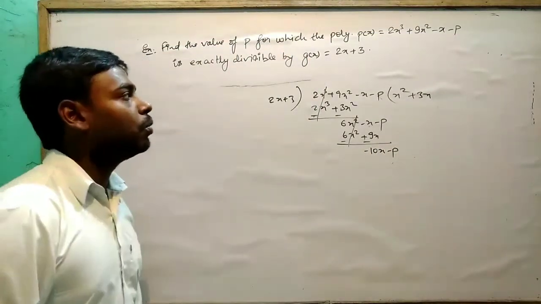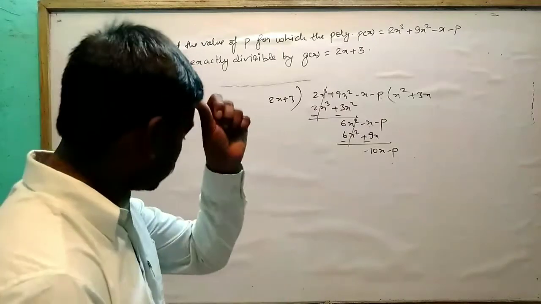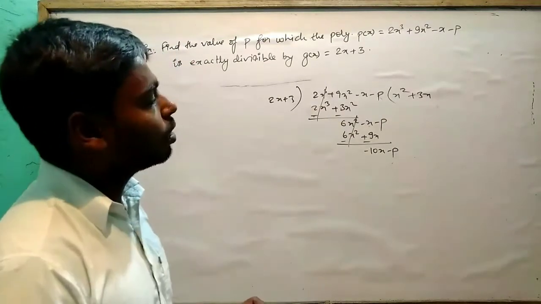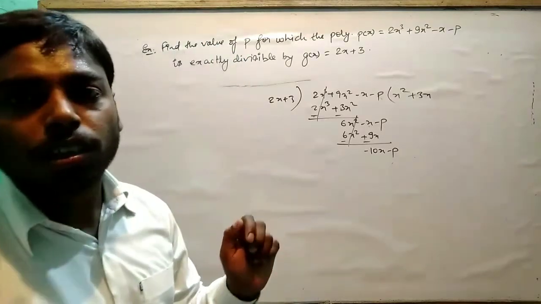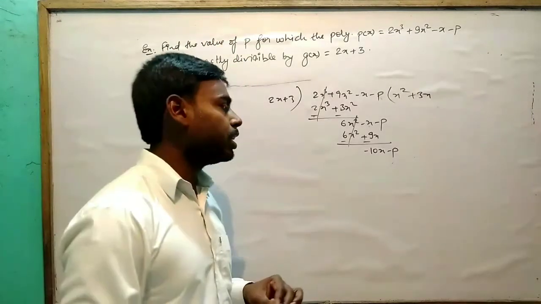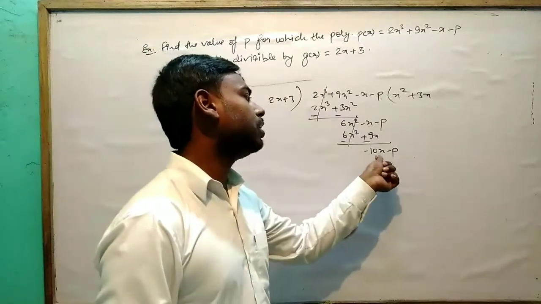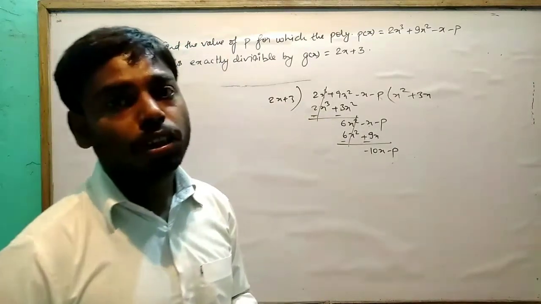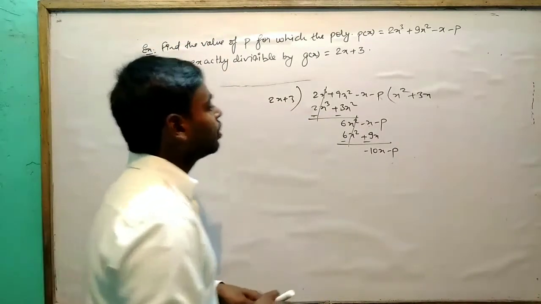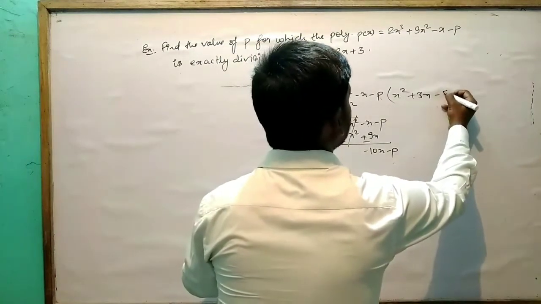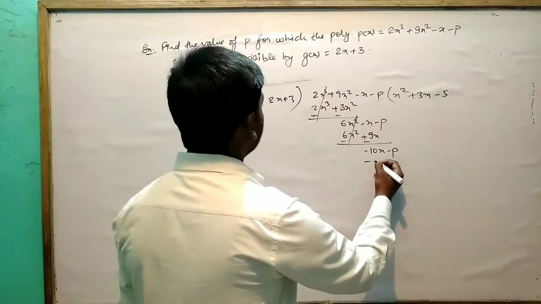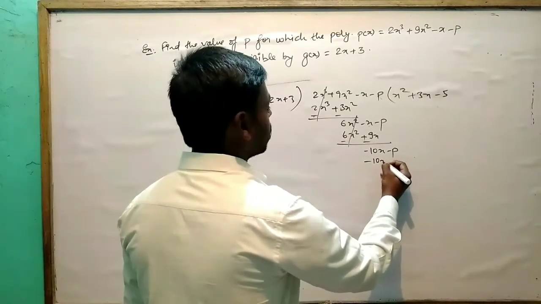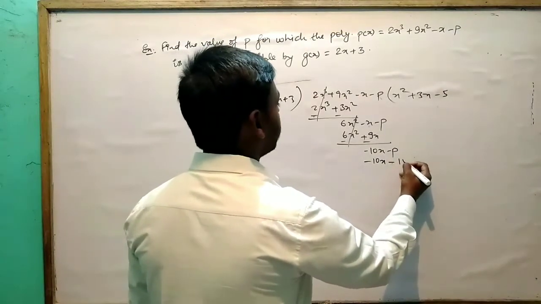Now, for the division algorithm, the degree of polynomial r(x) must be less than the degree of g(x), but here the degree is 1 and here it is also 1. So we have to multiply by minus 5, and we get minus 10x minus 15.